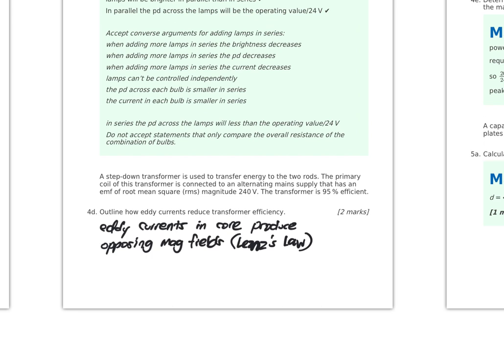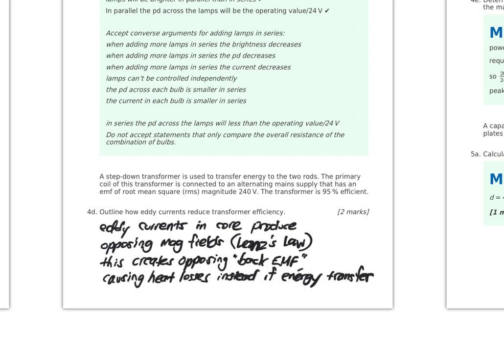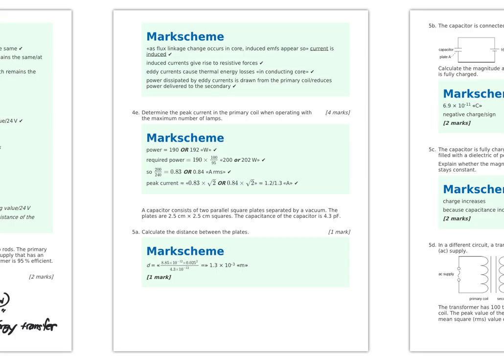So yeah, the eddy currents in the core produce opposing magnetic fields, which is Lenz's law, and those opposing magnetic fields present an opposition to the current, like a pushback, a resistive force to the primary coil. And so those eddy currents with their opposing magnetic fields create opposing forces, resistive forces, back EMFs they call them, and that's just going to create heat losses instead of a 100% efficient energy transfer, which is pretty much the same thing as what the mark scheme says.